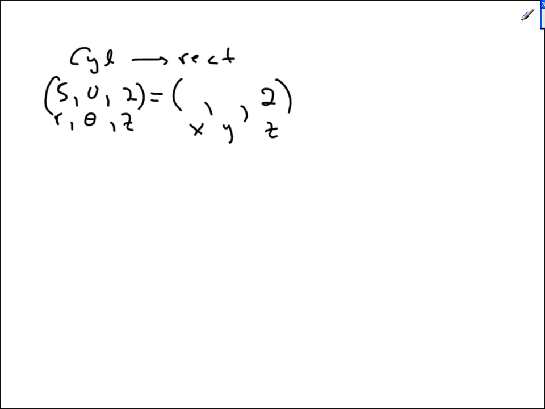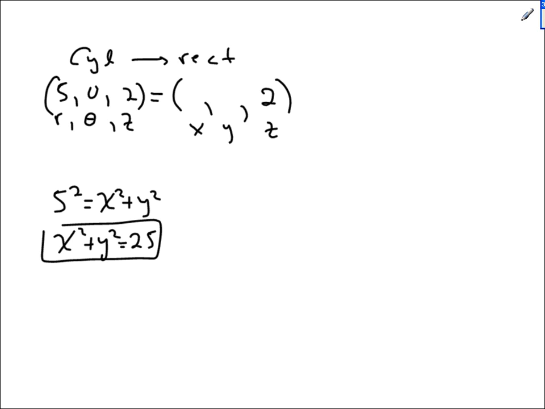Now, we know that r squared is equal to x squared plus y squared, that is, x squared plus y squared is 25. We don't know what x or y is, but we know they lie on a circle of radius 5.